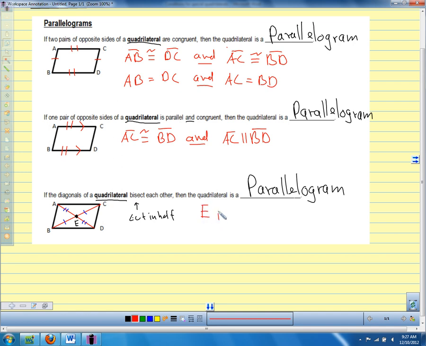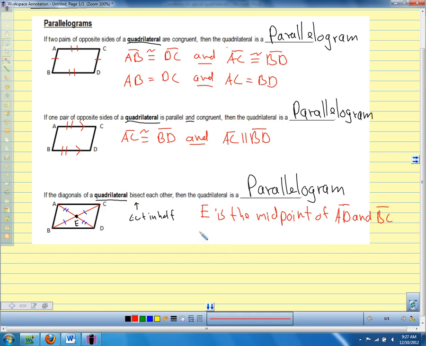We could say E is the midpoint of segment AD and segment BC. So E is right in the middle. We could say that the diagonals bisect each other. AD and BC bisect each other. That's what this says up here on top.